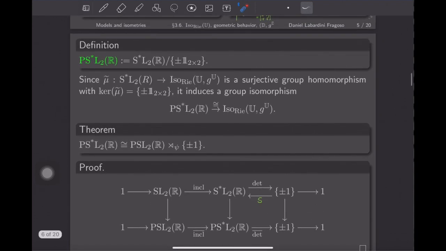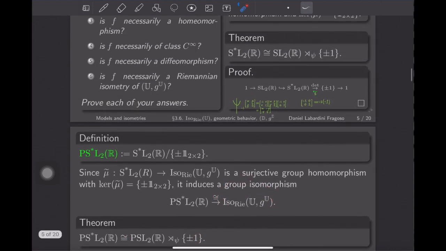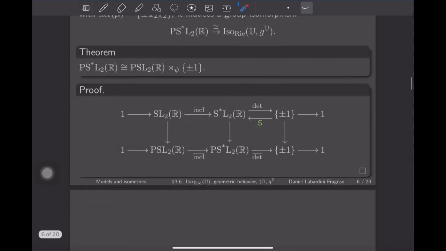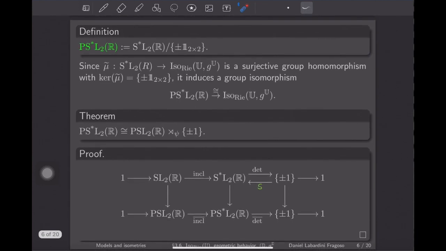Okay, so this gives really a full description of the Riemannian isometry group, pretty much in terms of PSL2R and a simple conjugation. See, a very simple action. Something to stress is that in the three models that we have encountered so far of the hyperbolic plane, namely the hyperboloid, then the Poincaré disk, and the upper half plane, this is the first time that we are able to fully compute a Riemannian isometry group.